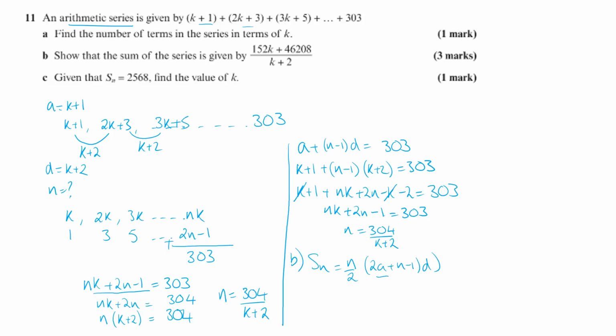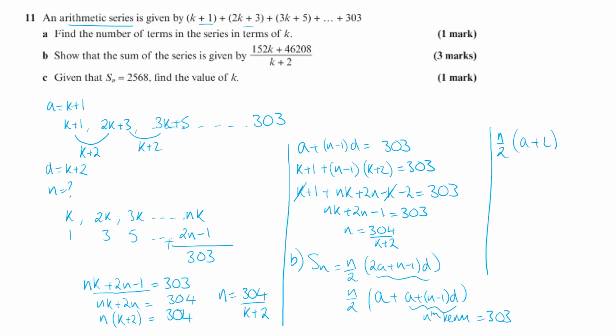Now this bit in the bracket comes from the fact that we have a plus n minus 1d. Just having those 2a, we can split that up because this is the nth term, and we know that the nth term is 303. So I'm going to use this version, which is really n over 2 a plus l. The first and the last term is a simpler version of the sum formula.